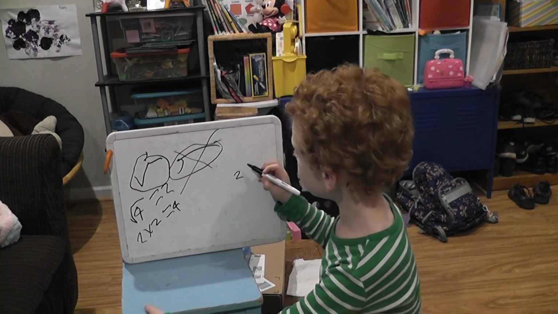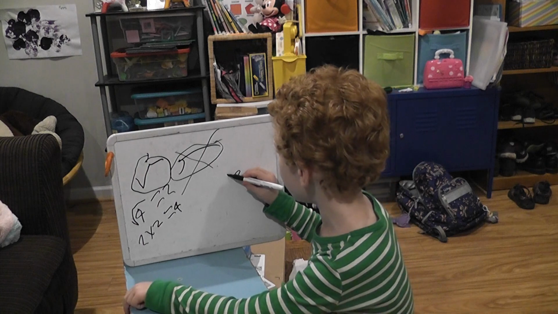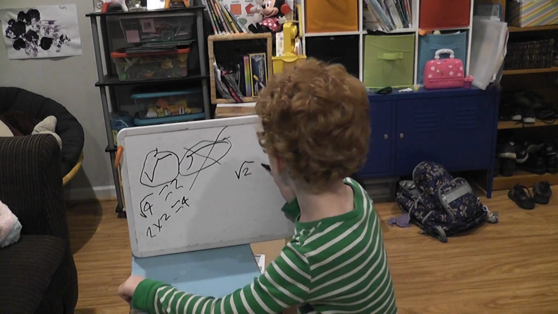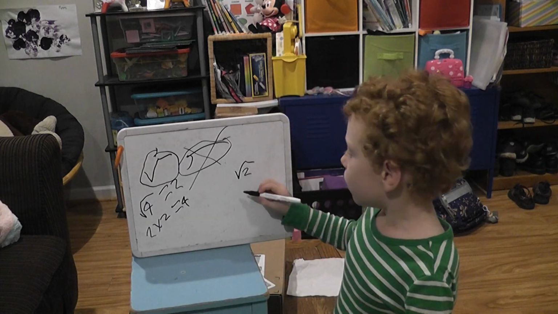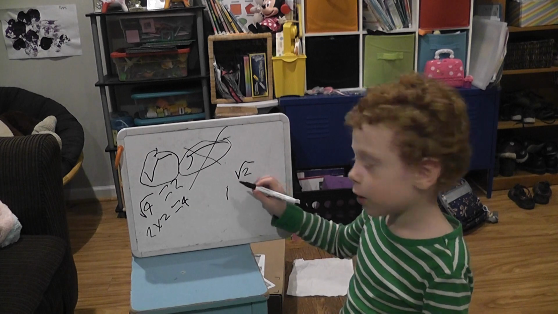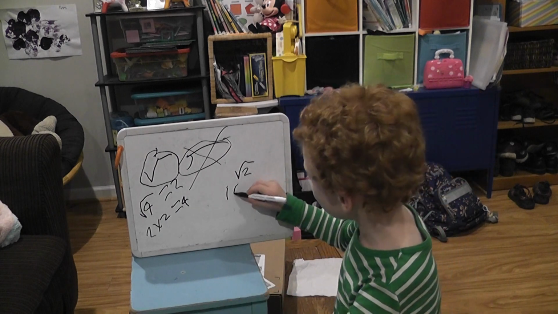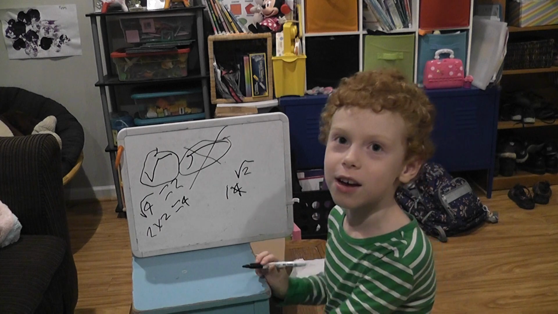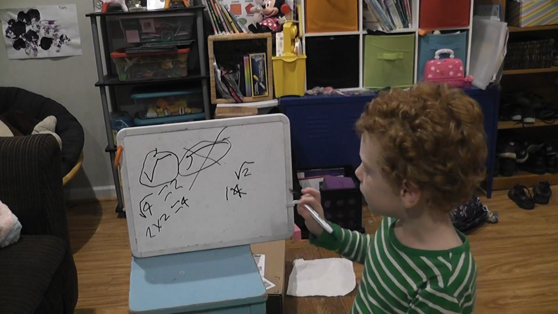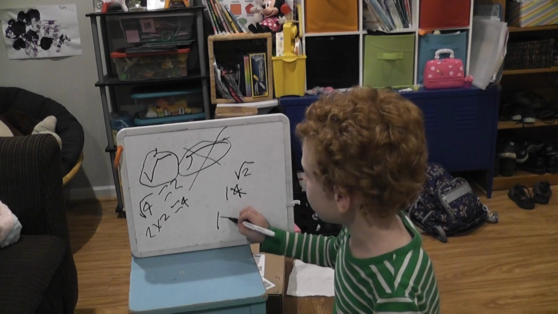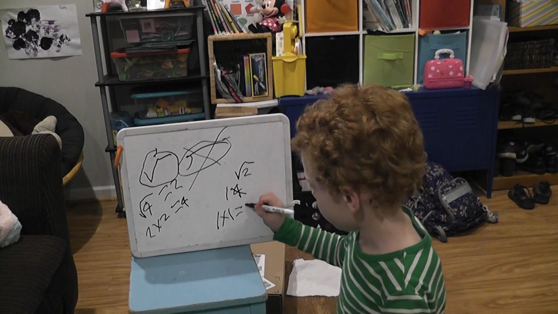What about the square root of 2? Well, 1 is the only square that goes into 2 because 4 would be too big. And 1 is a square number because 1 times 1 equals 1.